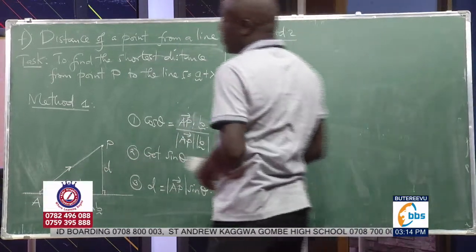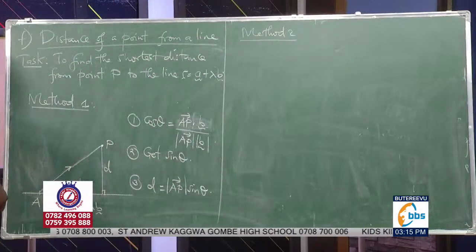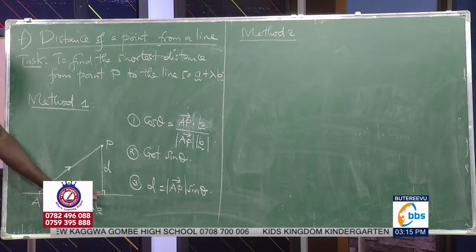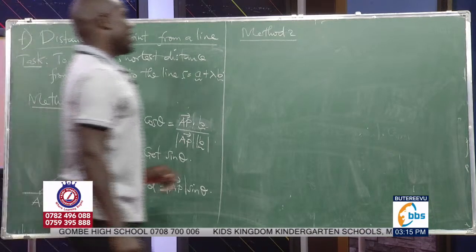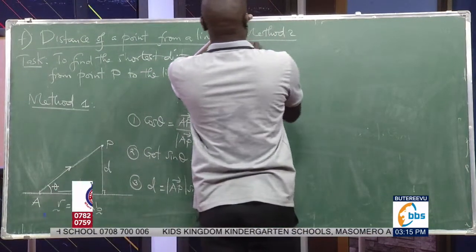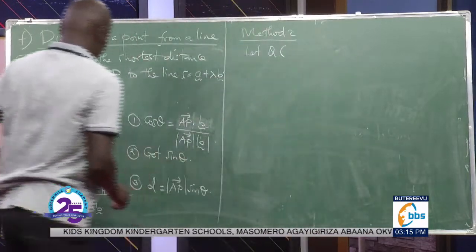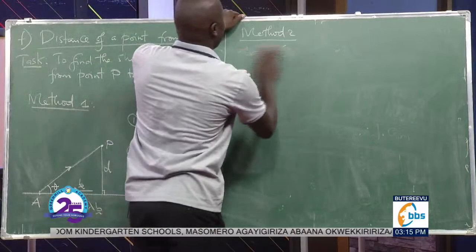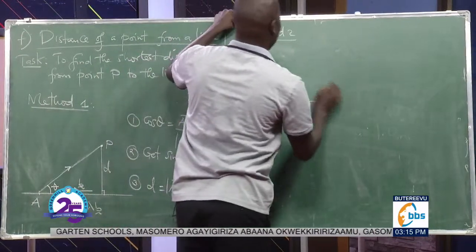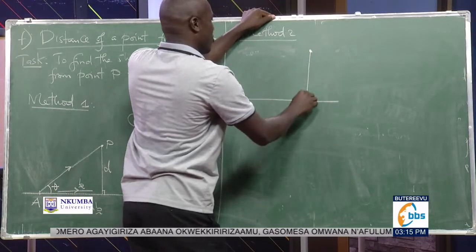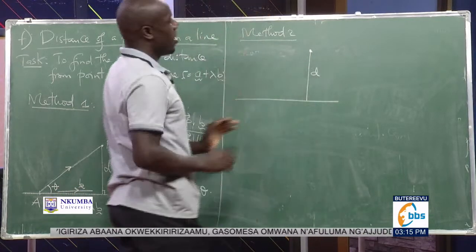Then the other method you could do is, first of all, find the projection of the point P in the line. Let me use a simple diagram. This is our line, this is the point P. And so we want to get that distance d.